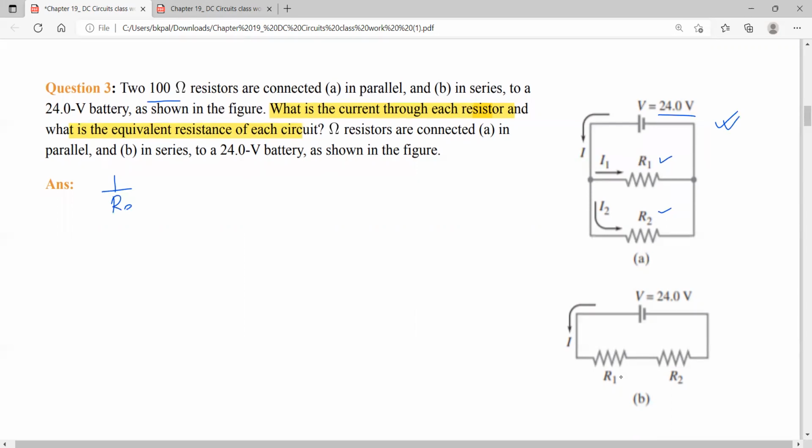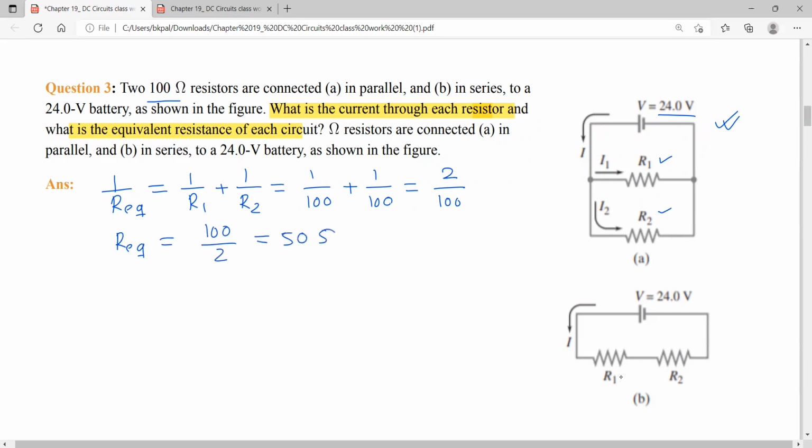R equivalent for a parallel circuit is one over R1 plus one over R2. Here R1 is 100, R2 is also 100 ohms, so it is basically 2 over 100. If I reverse it, then R equivalent is 100 over 2, so it is 50 ohms. For the parallel circuit, the R equivalent is 50 ohms.